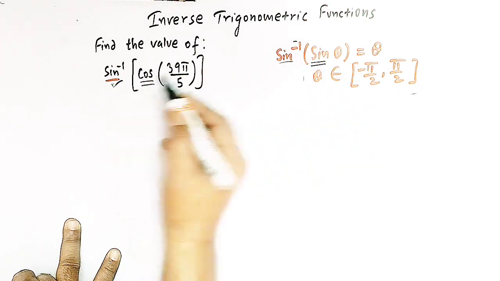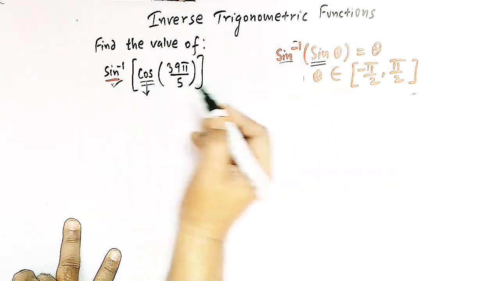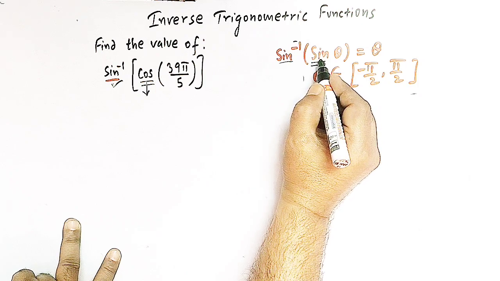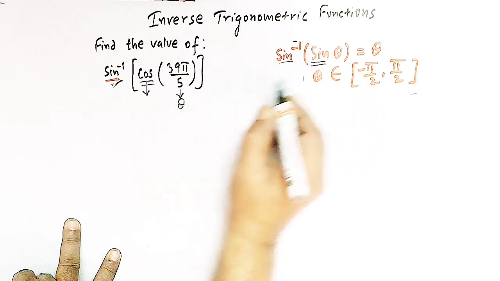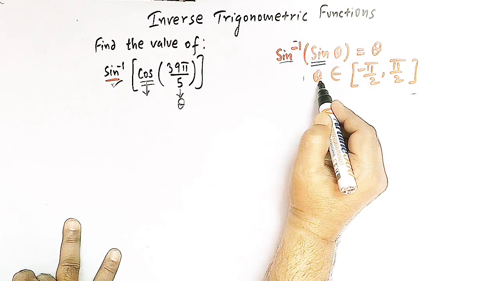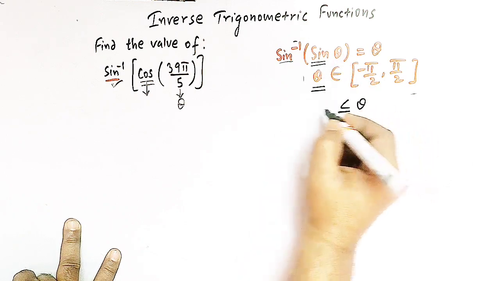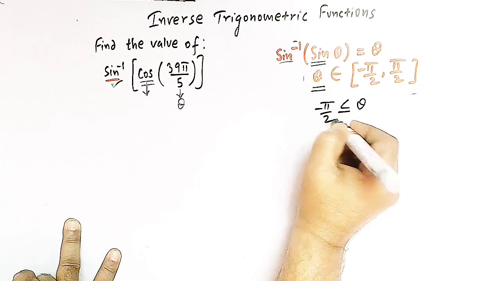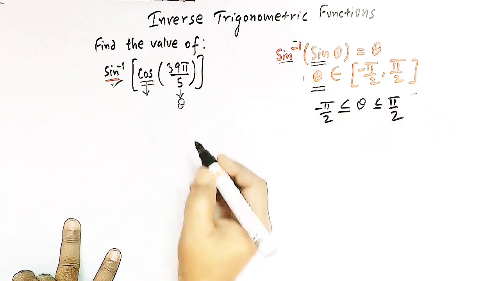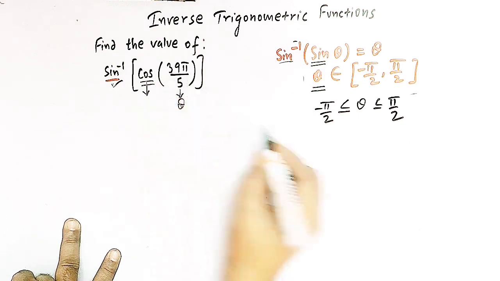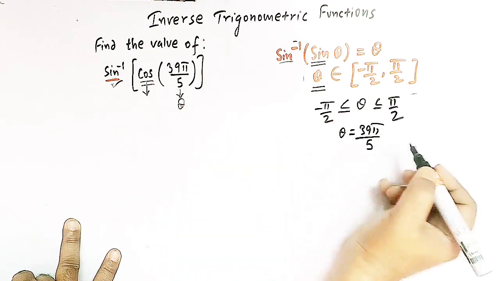So the first objective is to convert this cosine function into this sine function, and then we have this angle that is theta, right? And here the condition is that this theta must belong to this interval, that is minus pi by 2 to pi by 2, and here theta is 39 pi over 5, right?